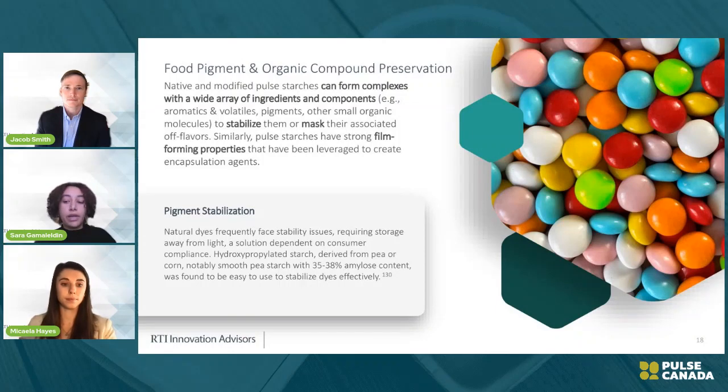A very pertinent challenge in the food industry right now is stabilizing natural food dyes. So we saw a patent for hydroxypropylated starch that's derived from pea or corn, but ideally from pea starch with 35% to 38% amylose content, and it's been seen to easily stabilize dyes.